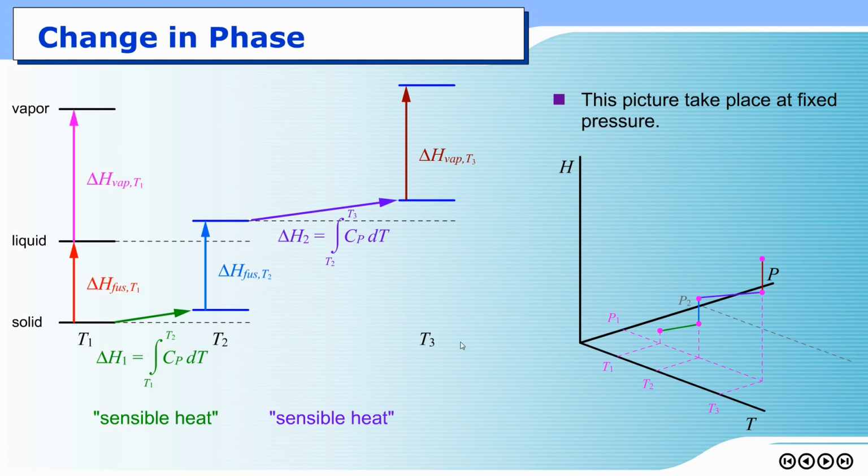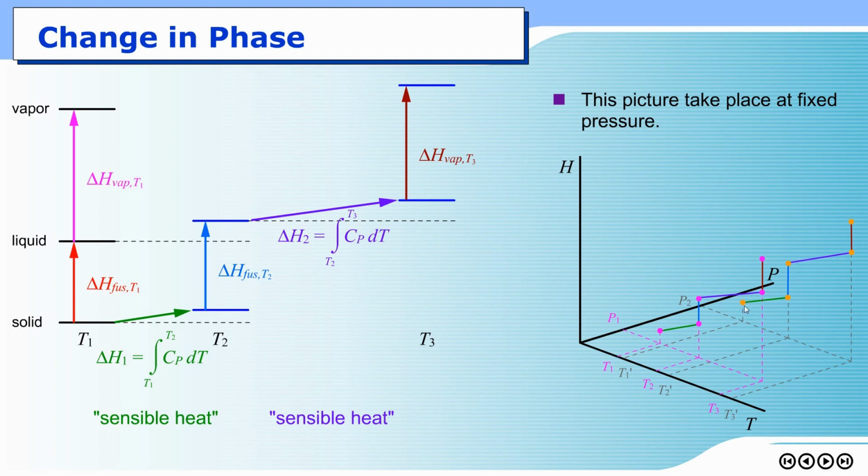Let's say pressure P2. There will be some steps in the similar manner. However, the transition temperature might not be the same as T1, T2, T3. Let us call that T1 prime, T2 prime, and T3 prime. Okay, there will be steps like that.